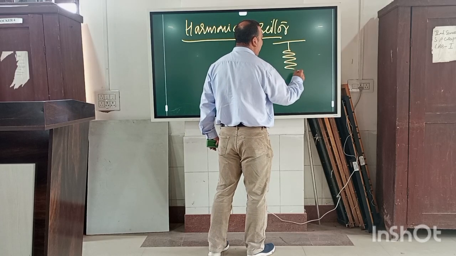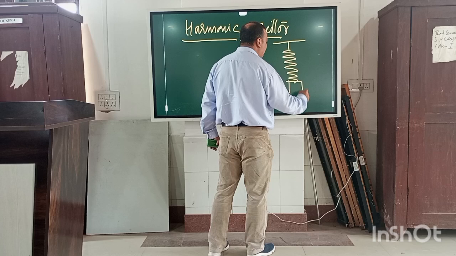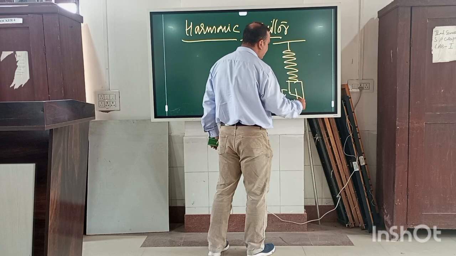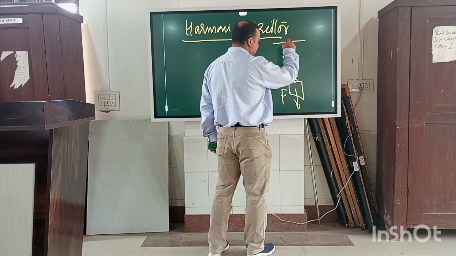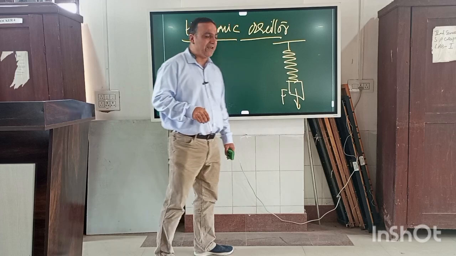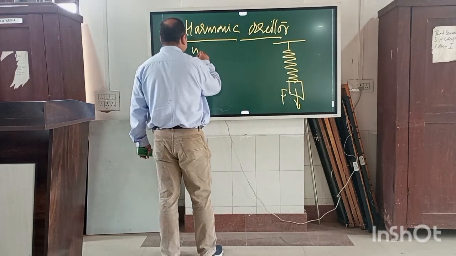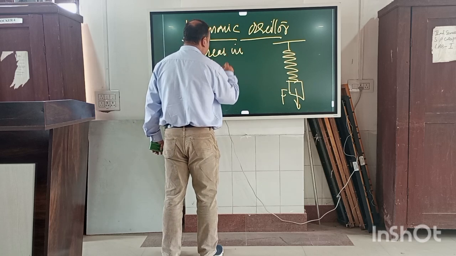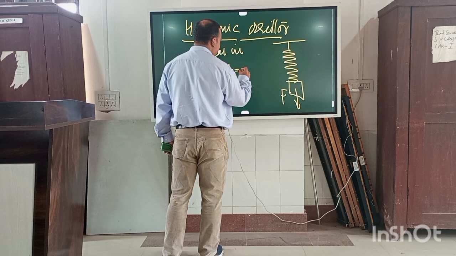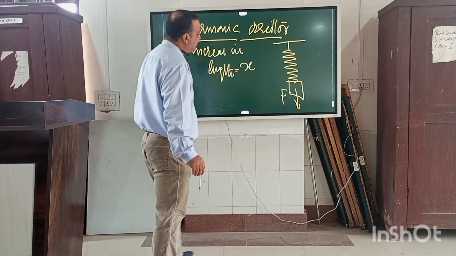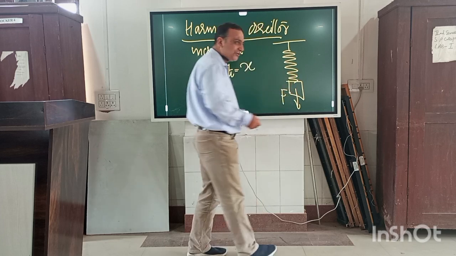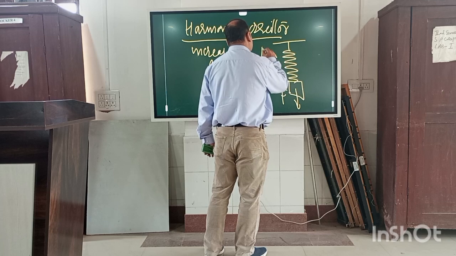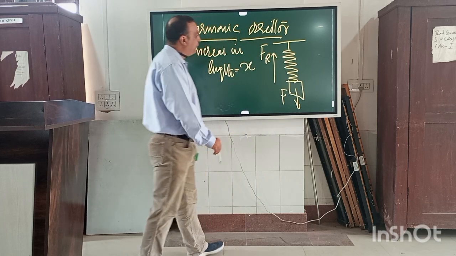If I have an ideal spring, and I apply some force on this spring, there is an increase in the length of the spring. Assuming that increase in length is x, the spring will exert a force opposite to the applied force, what we call a restoring force.